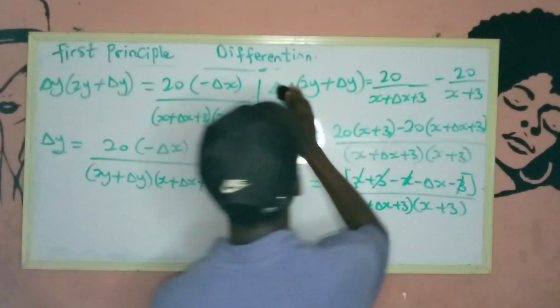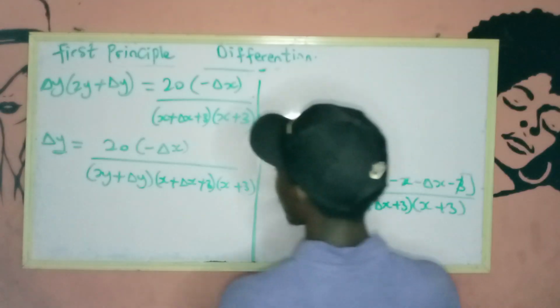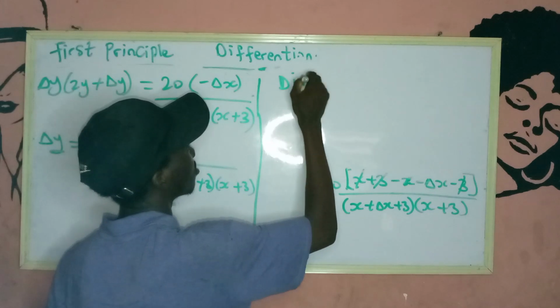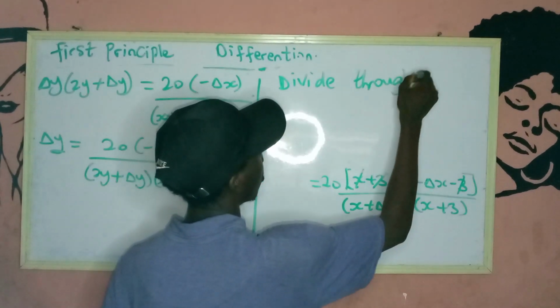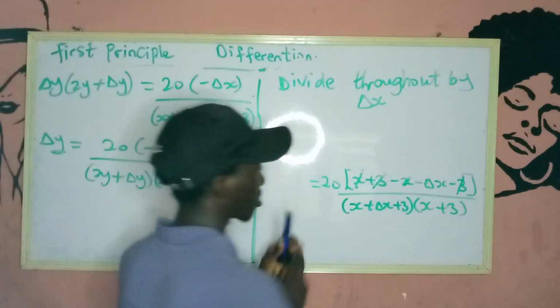Now we are finding change in y. So here we can now divide throughout by change in x. That will be the next thing you do.